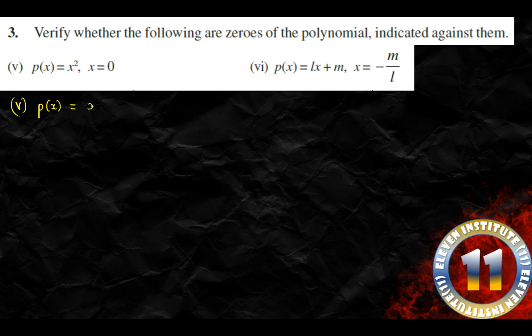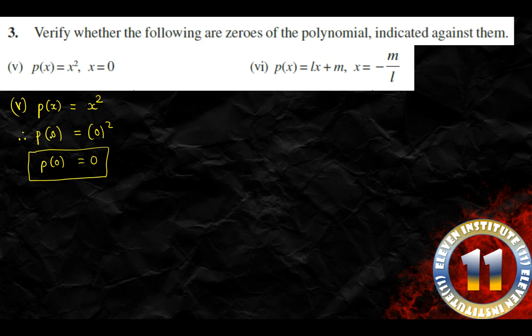P(x) is equal to x square. Now instead of x we have to write 0, because x is equal to 0 is given to us. So we can write, therefore, p of 0 is equal to 0 square, and we very well know that 0 square is 0. So p of 0 is equal to 0.